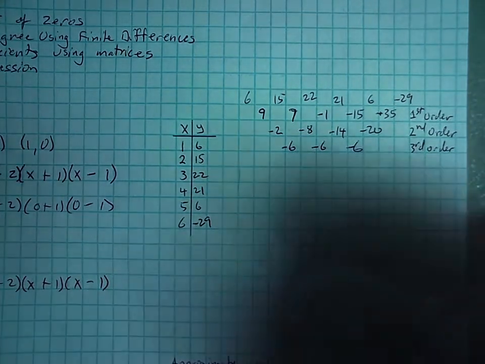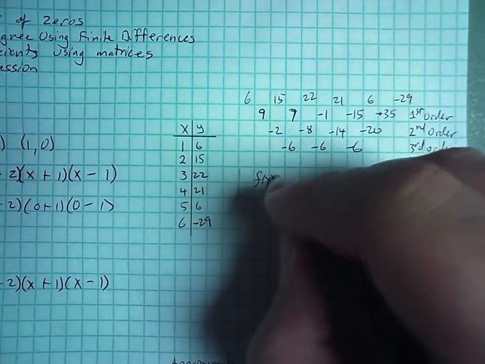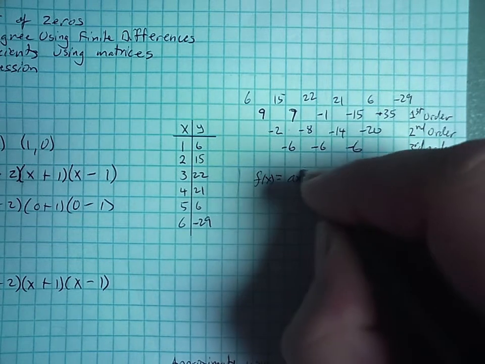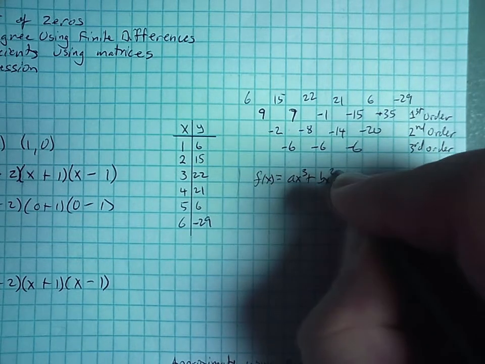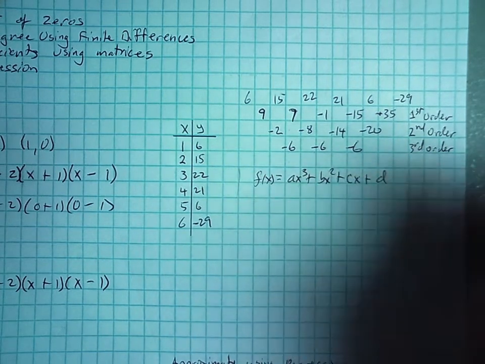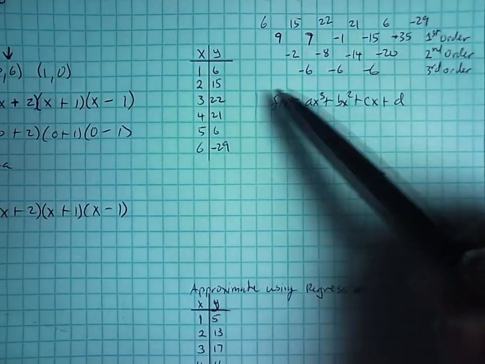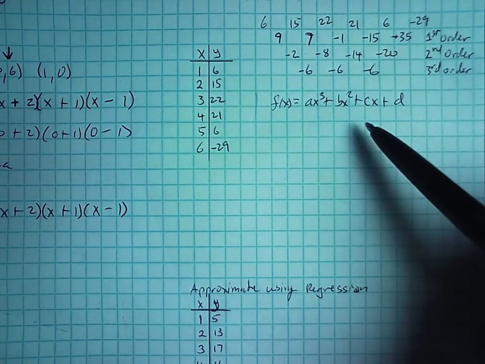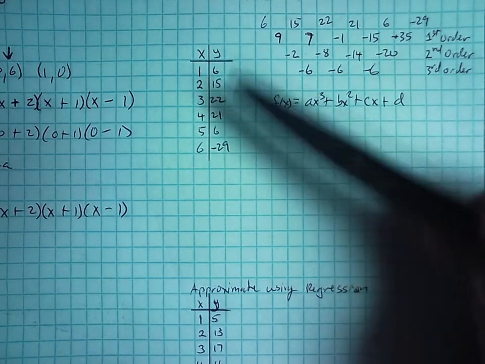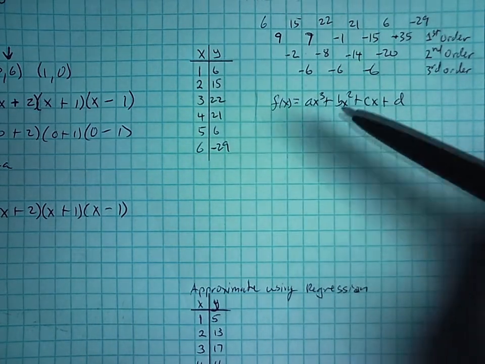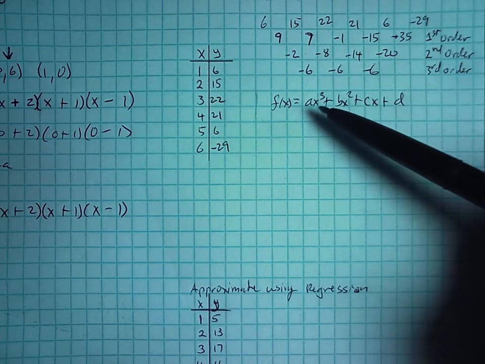So the correct standard form for my equation is going to be ax cubed plus bx squared plus cx plus d. We haven't yet done a situation where we need to produce a cubic model using a list of points, but we did it with quadratics.